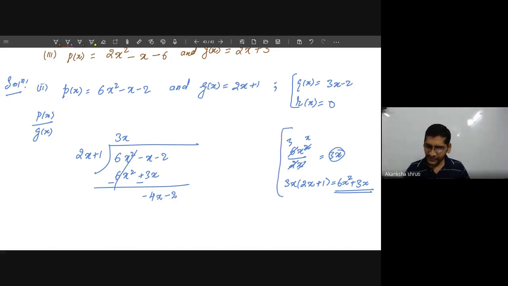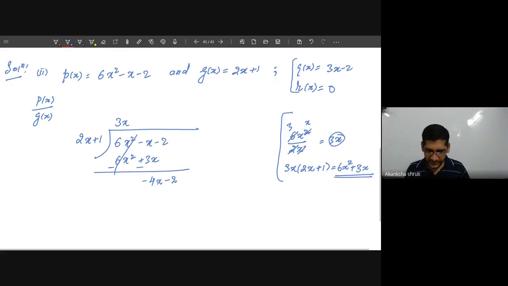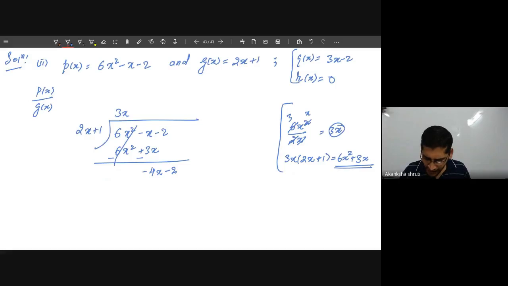Okay, students. Now the same step you have to repeat again. For the second step, I have to take the first term of this one and the first term of the divisor. So the first term is minus 4x and the first term of the divisor is 2x. Along with the sign we have to take it. It is minus 2 only, because x gets cancelled and it is divided by 2.